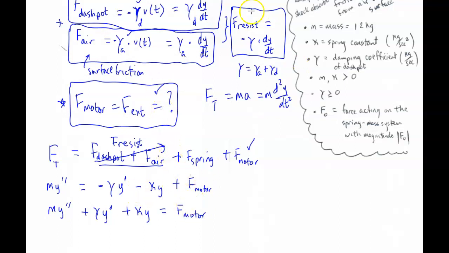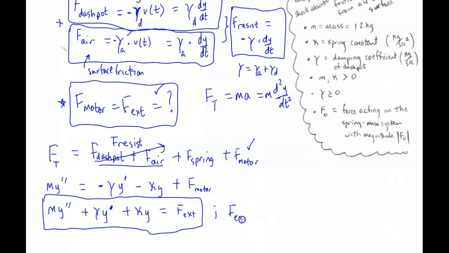And so here we'll go ahead and just change the name of this now. So I'll just call it F motor. I want to keep it as general as possible. And we will just call this the external force. And so essentially what we have here is a second order linear non-homogeneous equation, provided that we're thinking that the external force would not be zero.